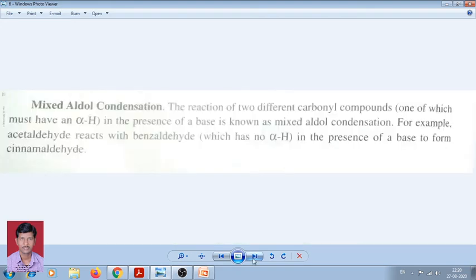But in the mixed case, the condensation takes place between two different carbonyl compounds, where one of them should have an alpha hydrogen atom. This is called a mixed aldol condensation reaction.